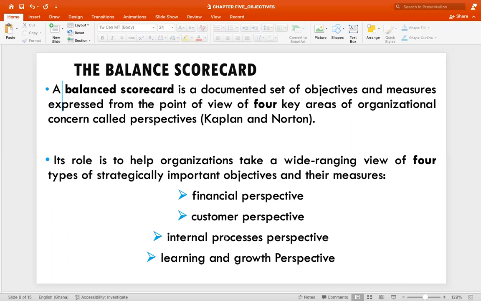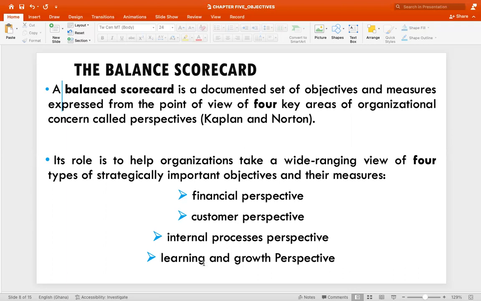So simplistically, if you were using, say, 10 steps before a product gets produced, the internal processes perspective will force you to probably set an objective to find a way to reduce it from 10 to, say, 7 or 6, probably to reduce costs and speed up the processes of getting the product to the final consumer. So this one is about the internal processes, how production activities are done. You must have an objective that addresses that.